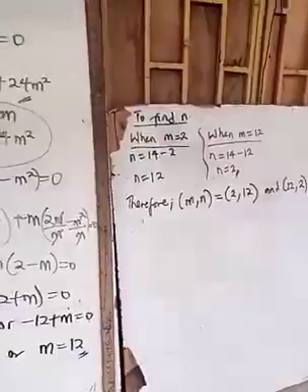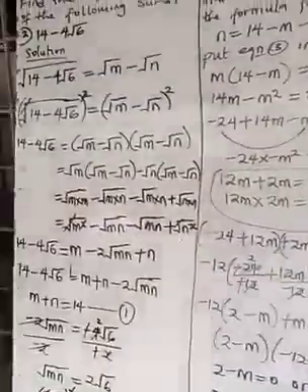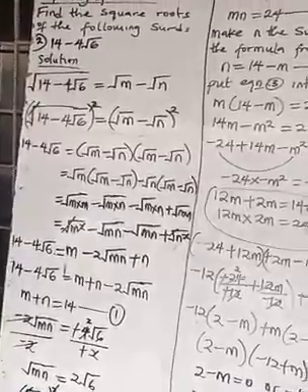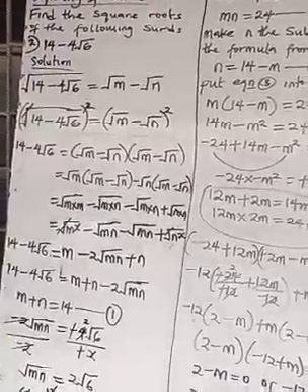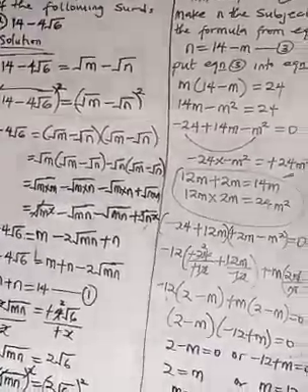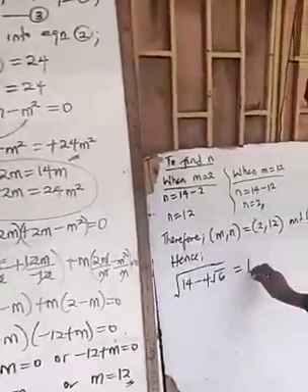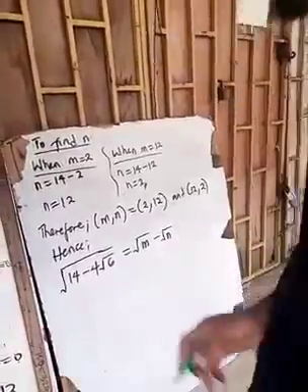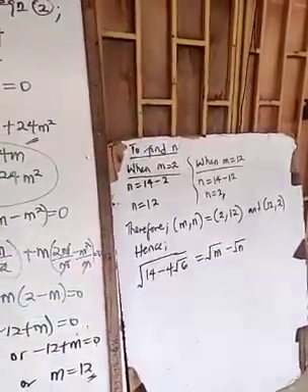So but the square root, hence the square root of 14 minus 4 root 6 is equal to square root of m minus square root of n. Now we have to be careful here because it's minus.